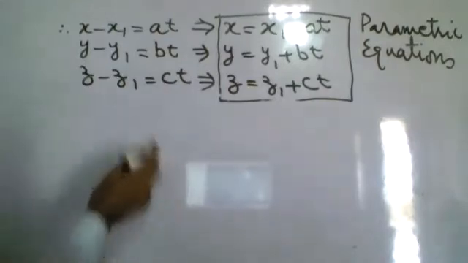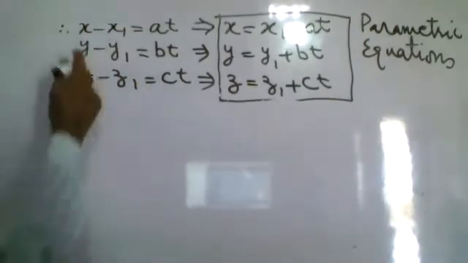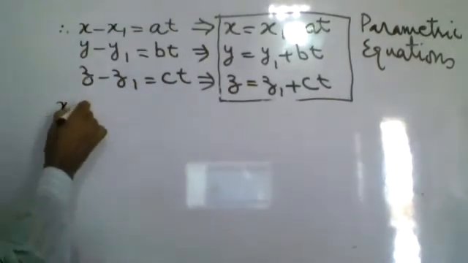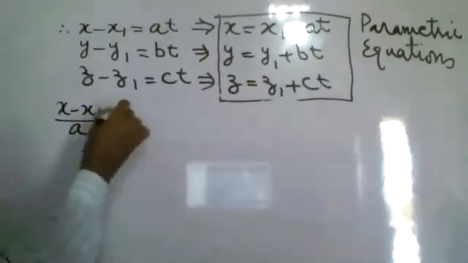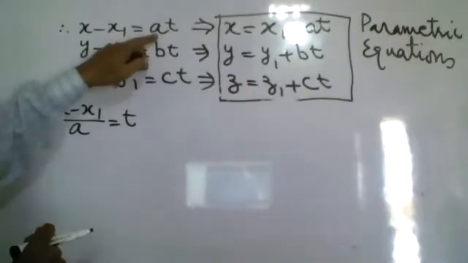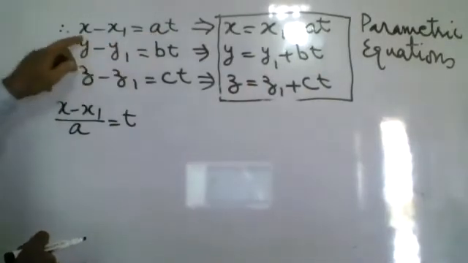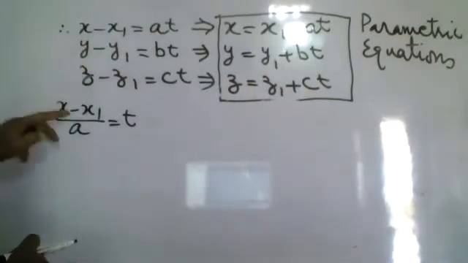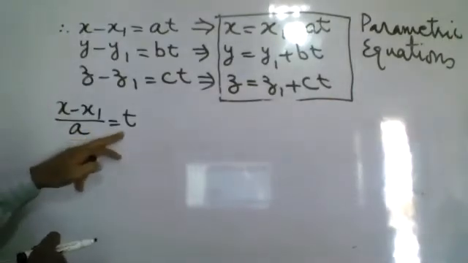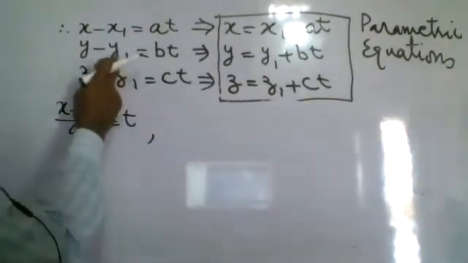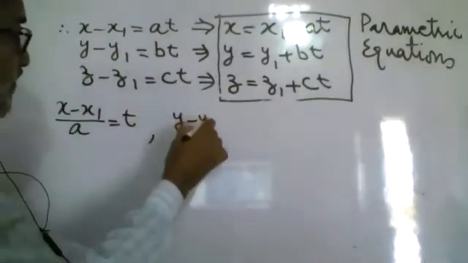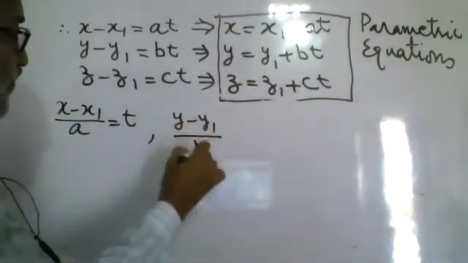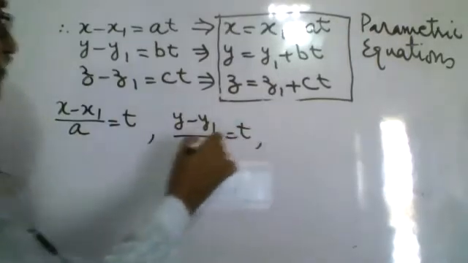Then you will divide this one by a, it will become x minus x1 upon a is equal to t. In the same way, divide this by b, so y minus y1 upon b is equal to t.